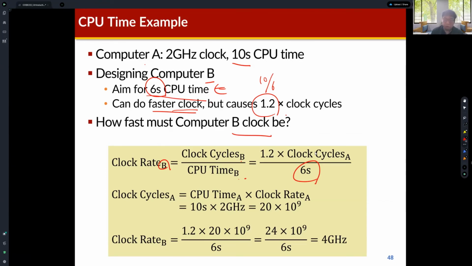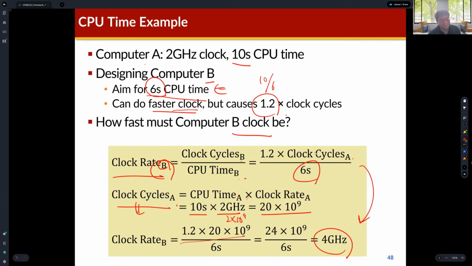It's 1.2 multiplied by clock cycles A. And what is clock cycles A? It's the CPU time A multiplied by clock rate. So it's 10 seconds and 2 gigahertz. 2 gigahertz is 2 multiplied by 10 to the 9, so it's 20 multiplied by 10 to the 9. Then what is the clock rate of B? We already computed the clock cycles of A, so 4 gigahertz. Okay, it's very easy, right?